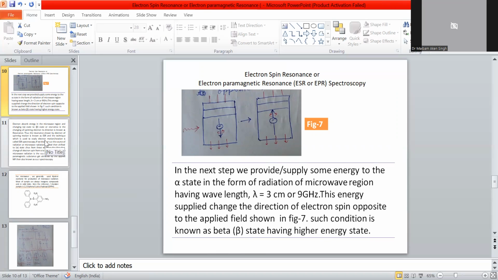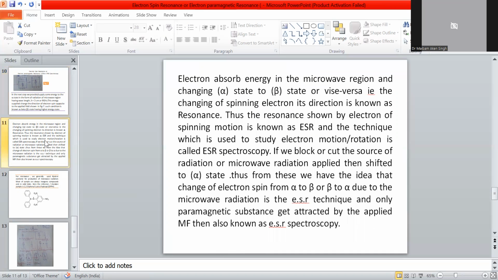Now, we can conclude some ideas. The electron absorbs energy in the microwave region and changes from alpha to beta or vice versa. That is, the direction of the electron spin changes, alpha to beta or beta to alpha.